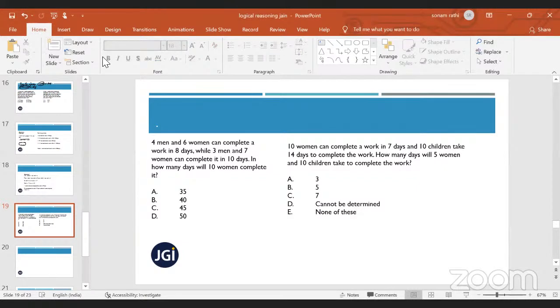Take 5 minutes and solve it. Same way, same process. There's nothing different. You have to do it in exactly the same manner.